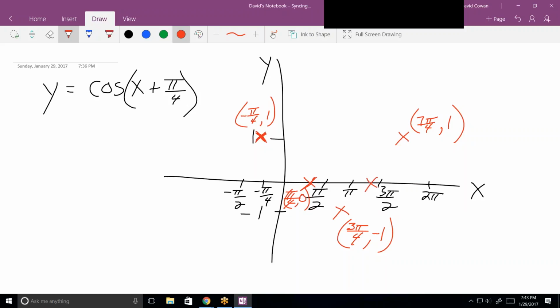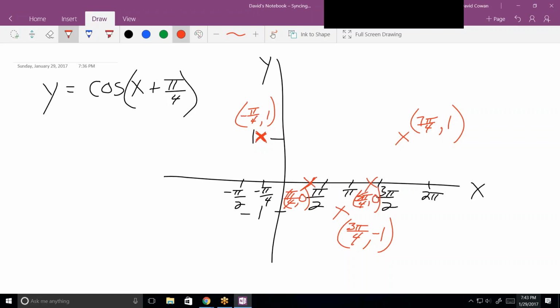To get that, I'm going to average this coordinate with this coordinate up here. Add those two, divide by 2, what do you get? Pi over 4 comma 0.